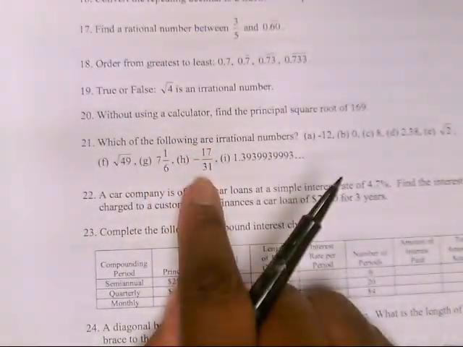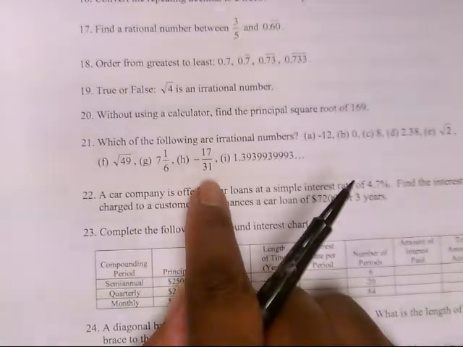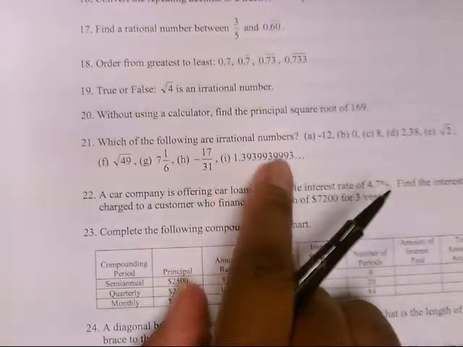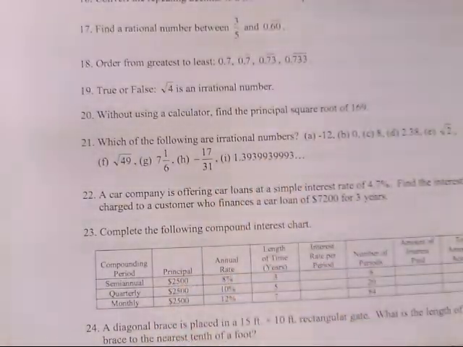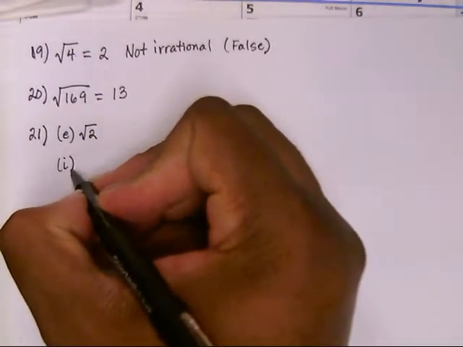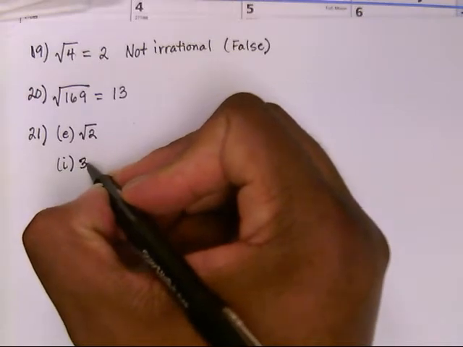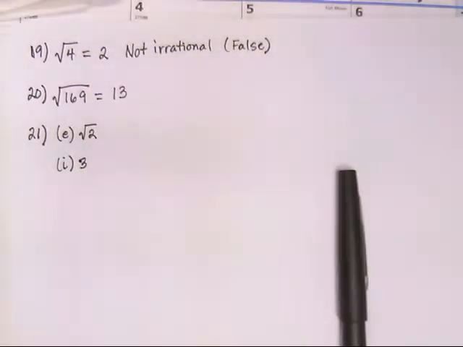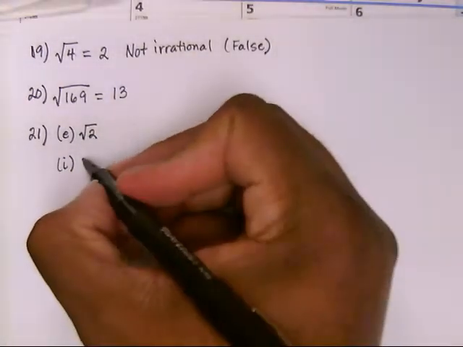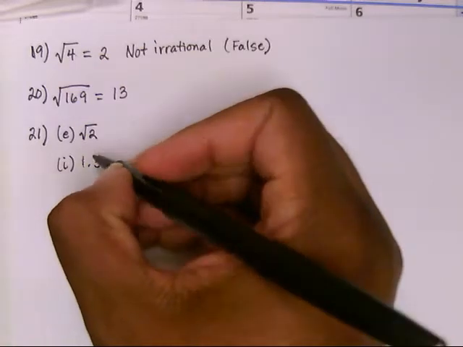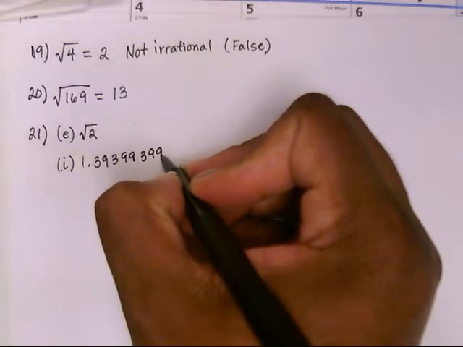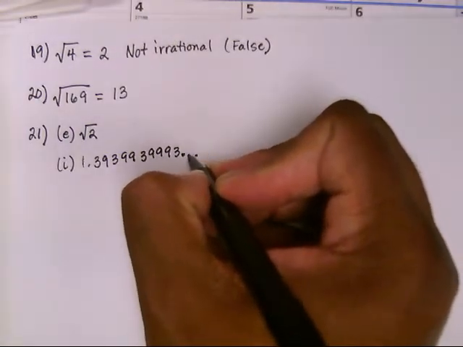Negative 17 over 31, that's rational as well because that is a fraction. I is irrational because I have a pattern of non-terminating, non-repeating, 1.39993999, and then 3 goes on and on and on.